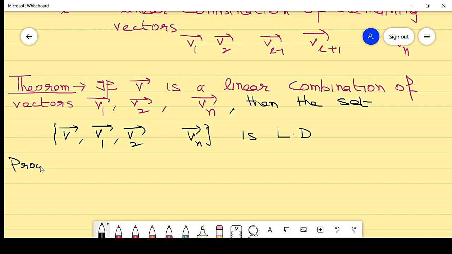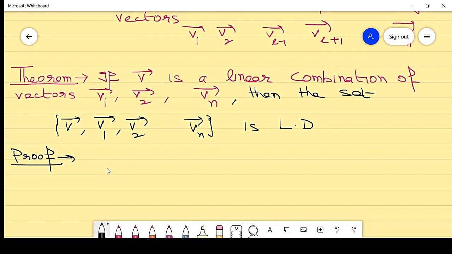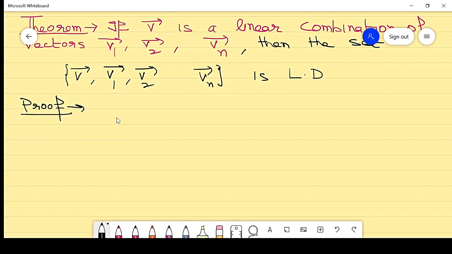So what is the proof of this result? Now if the fundamental definitions are clear, then we can prove any article or theorem. Now use only the statement: V is the linear combination of these vectors.